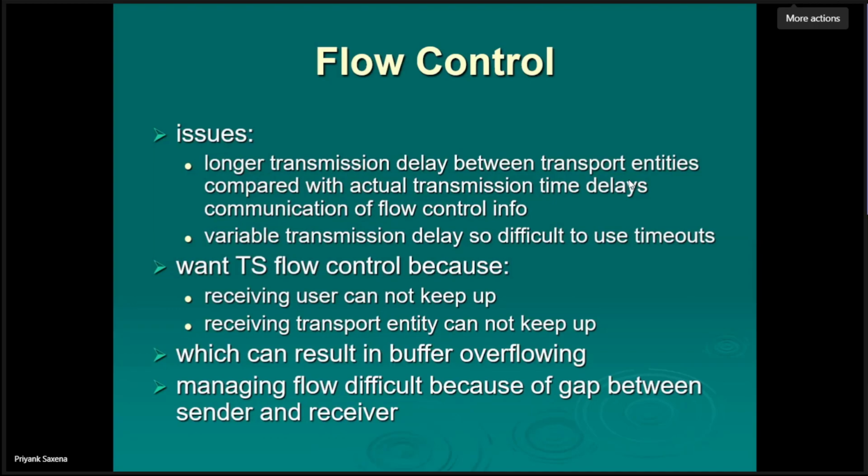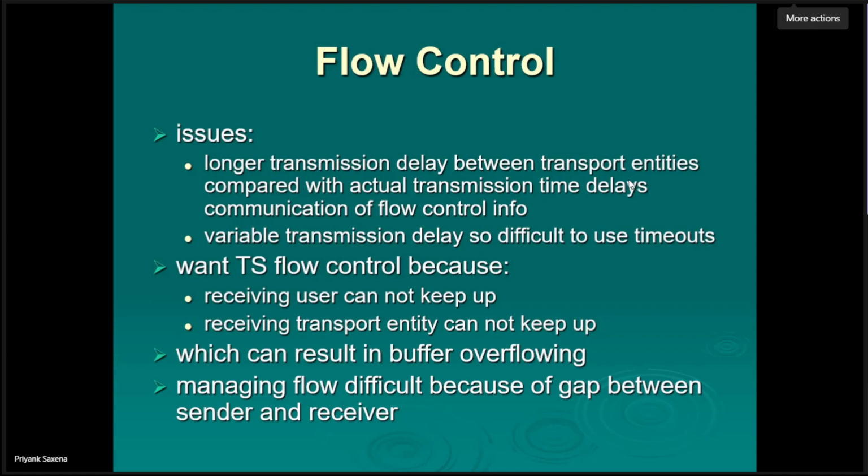Basically, what are the issues? The main issue is the variable transmission delay. You never know when the network conditions will change, right? So you are not very sure about the network conditions, and that results in variable transmission delays in the network.